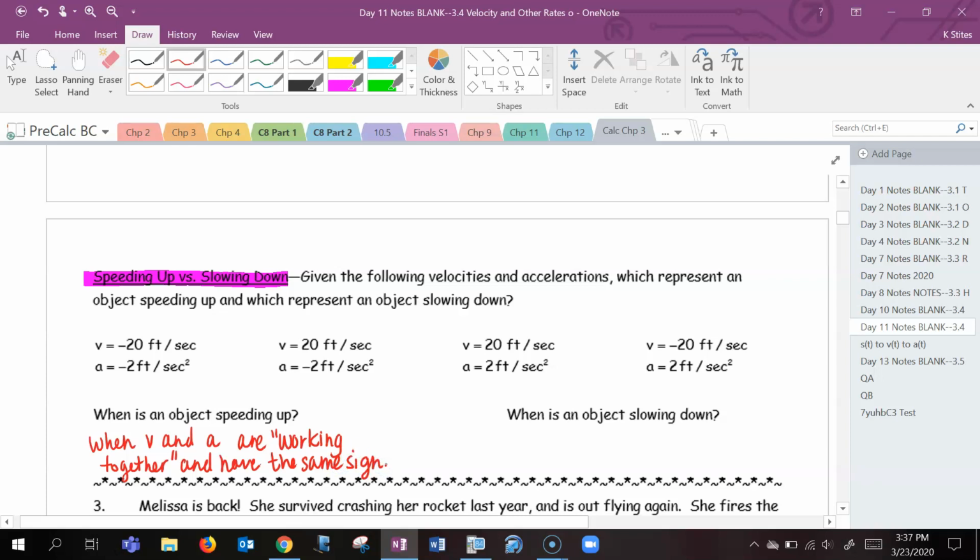Okay, when is an object slowing down? An object is slowing down when velocity and acceleration are working against each other and have opposite signs.